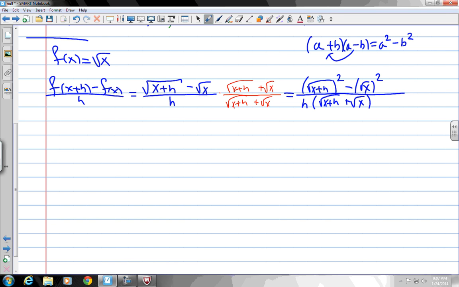So this way, we actually get rid of the square roots in the numerator, and we're not changing the original problem, since we multiplied by 1. So we're ending up with x plus h minus x over h times the square root of x plus h plus the square root of x.